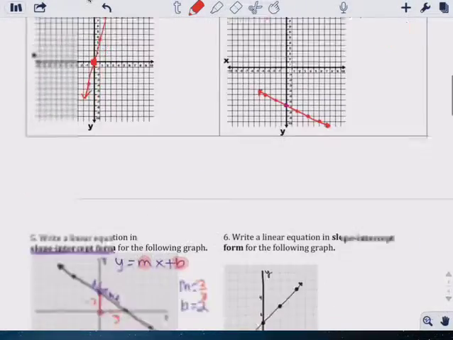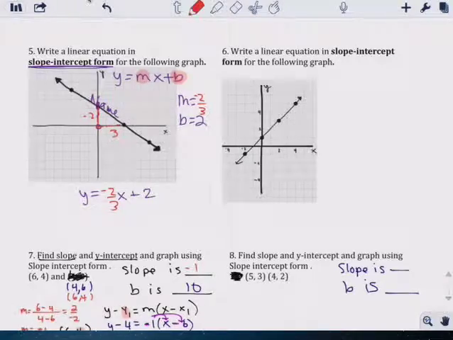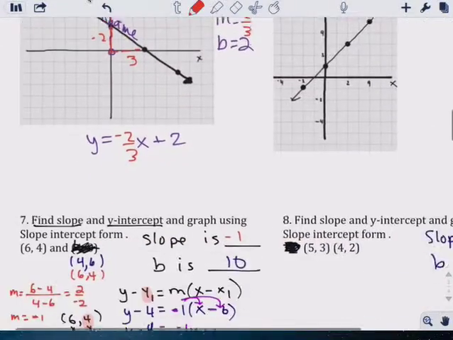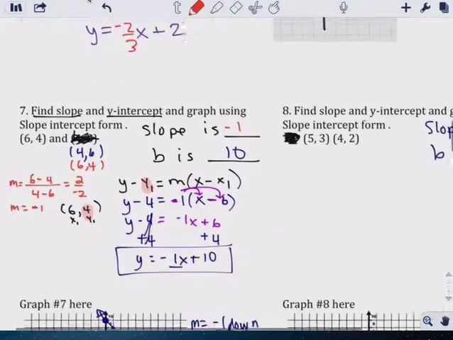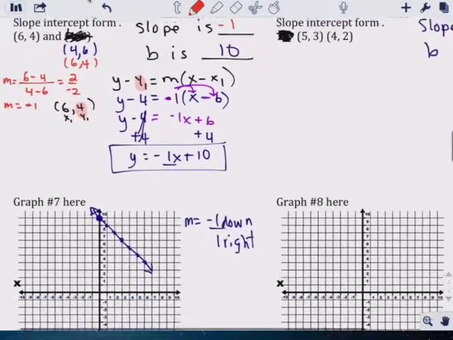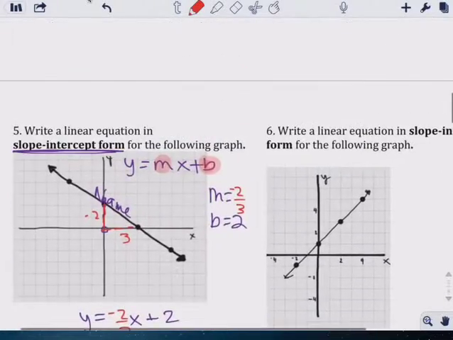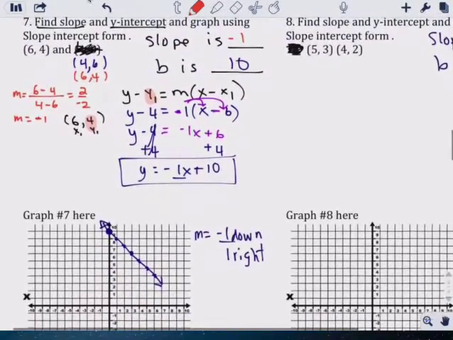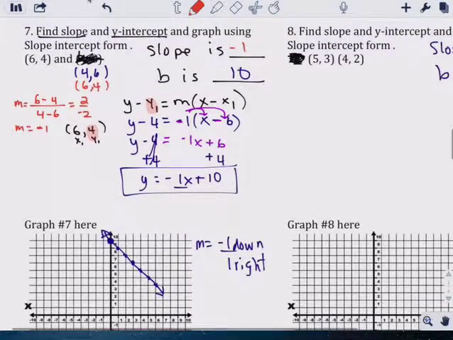And there's our answer. We did number 5 together in class. Number 6 here. For period 2, it's been changed. You didn't have to graph. It's different than this.